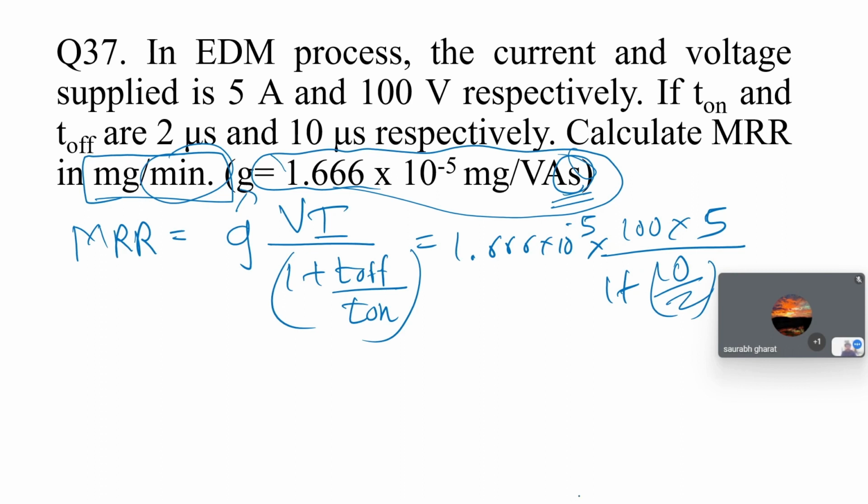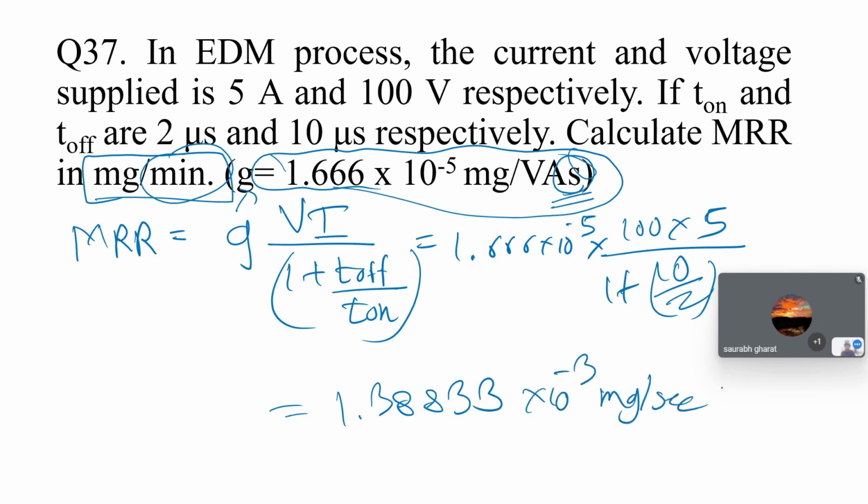And if I just divide this part, what answer you will get will be 1.38833 into 10 raised to minus 3 milligram per second. So multiply it just by what value?